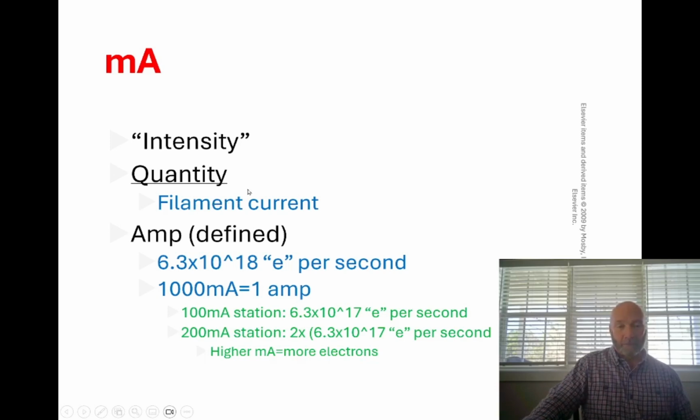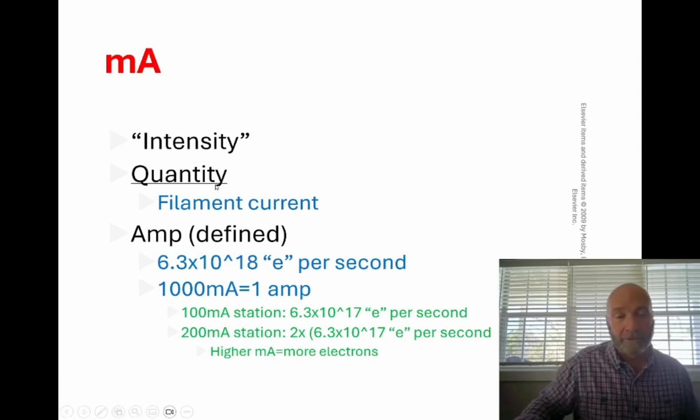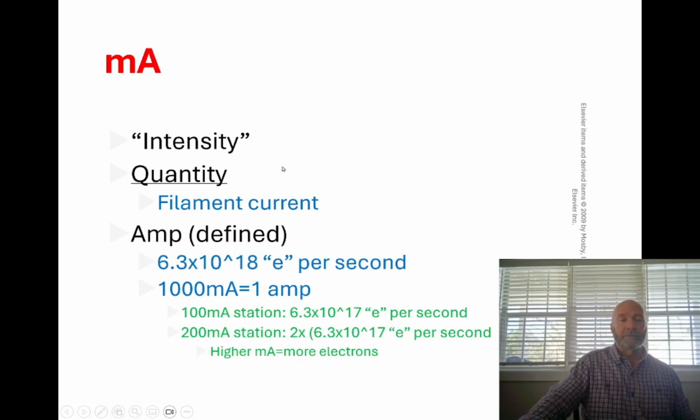Whenever we adjust our MA, if you go back to the kVp videos, you'll see a diagram of circuits that were used in at least one or maybe 2 of the videos. And the MA circuit is a circuit that's down on the bottom, and it has a number of different elements to it.